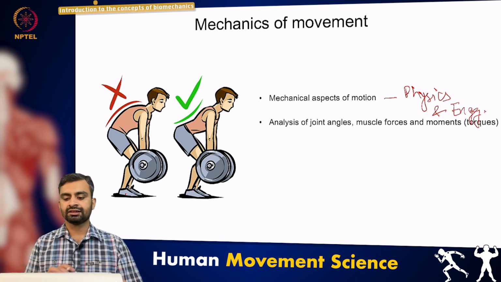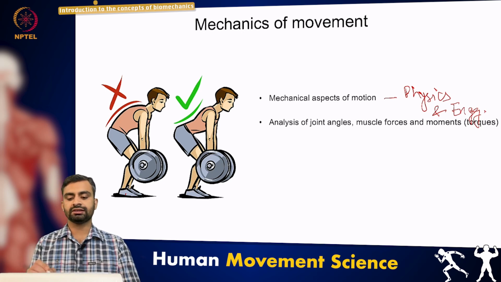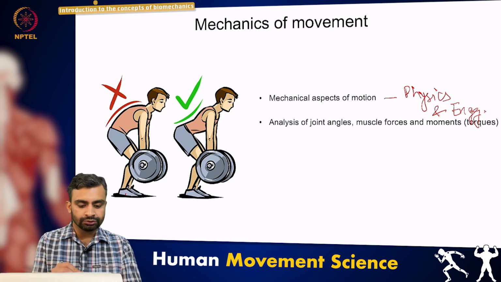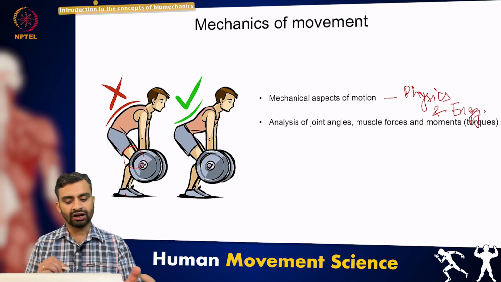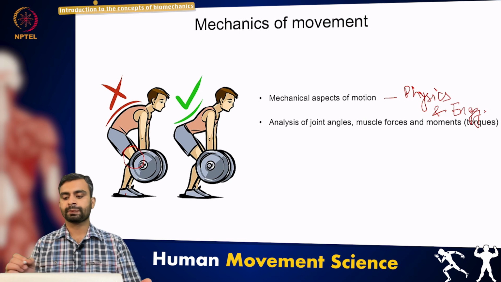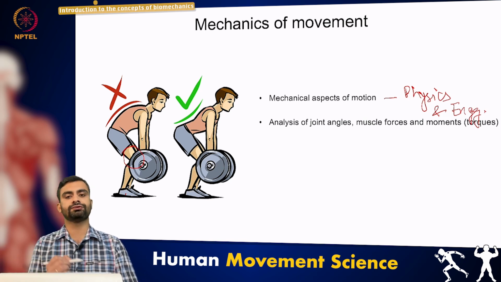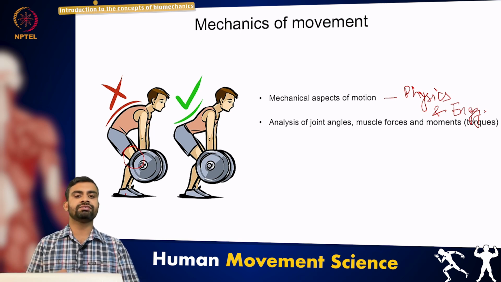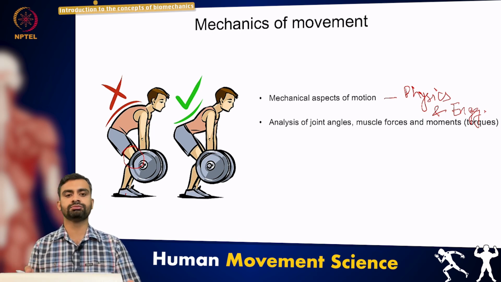This analysis will provide us information on joint angles, like how different joints are moving during that activity, or the moments and forces being produced at different joints, or how the muscles are activating or deactivating during that movement.